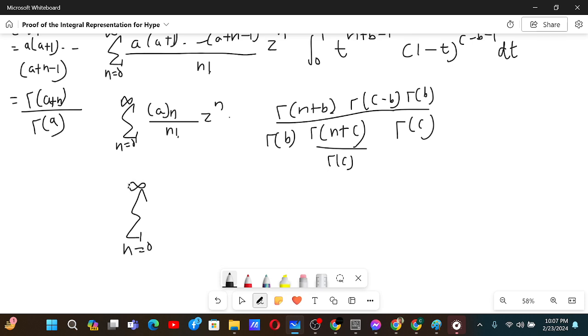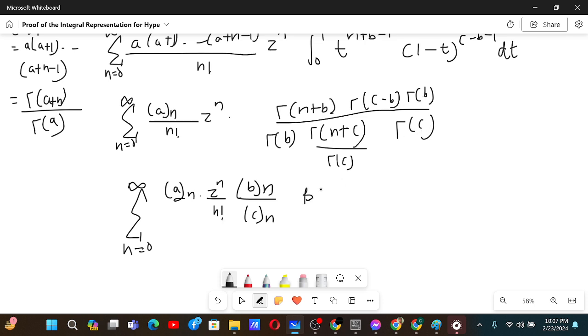Sum from n equals 0 to infinity, a sub n g to the power n by n factorial. Now gamma n plus b by gamma b is just b sub n, and this one is just c sub n.